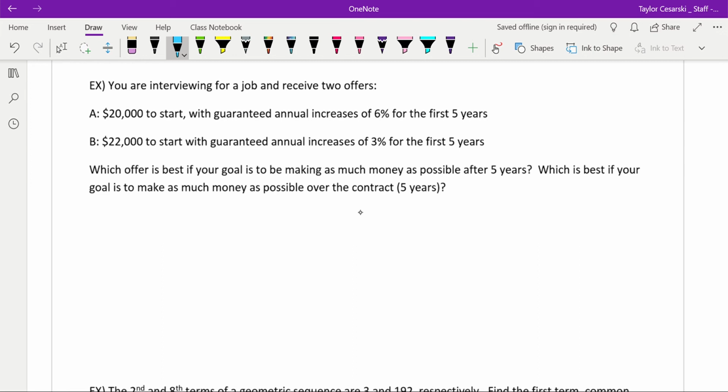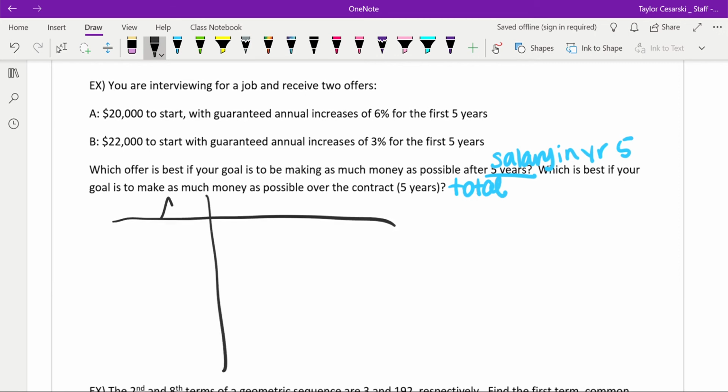So this one is talking about the total, and this one's talking about your salary in year 5. Okay, so they're talking about different things here. So I'm going to actually make a table here. So we're going to have A and B. Okay, so we start at 20,000.